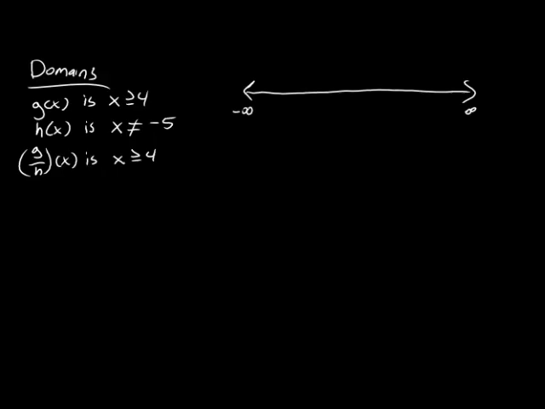Here on this new slide, I've rewritten all of our domain information along with a number line. Let's begin with the first condition. Since g(x) must have an x greater than or equal to 4, we'll remind ourselves that greater than or equal to means we have a closed circle and we will go right. We place our closed circle at 4 and we draw a right-hand arrow.